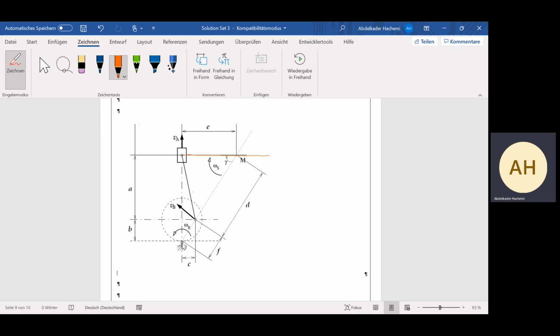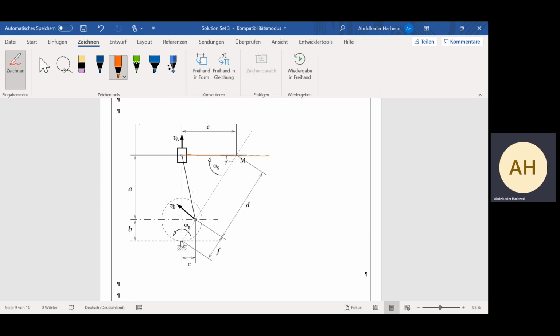The point here is fixed, so this gear is rotating with, let's say, omega R. Then we can get the velocity of this point at the connection, point B. In this case we know that VB is the velocity at the hinge, which is 0, plus omega cross the distance here.